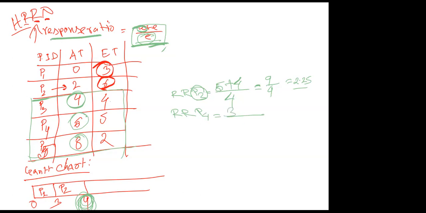Its execution time is 5. So 3 plus 5 divided by the execution time 5.